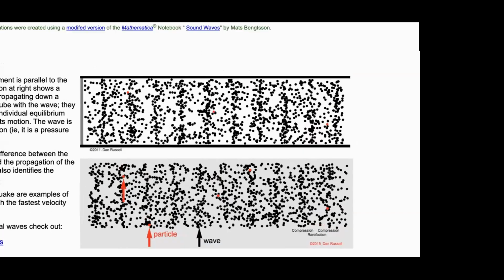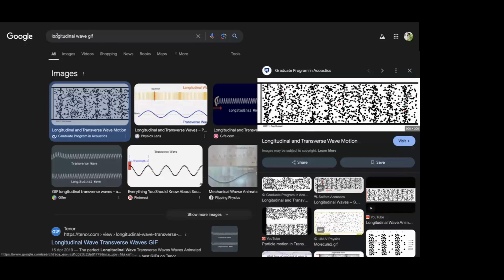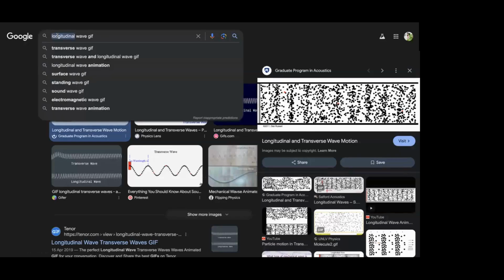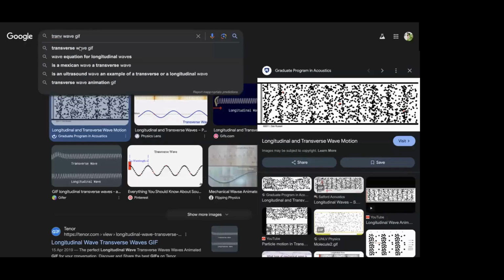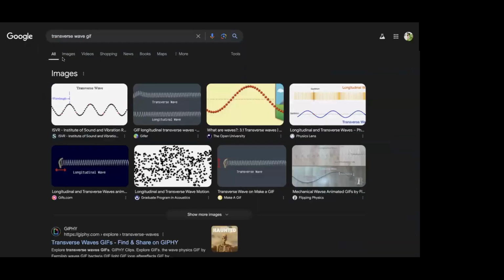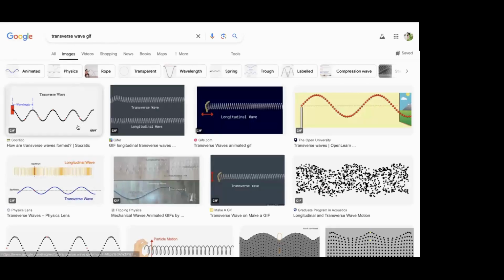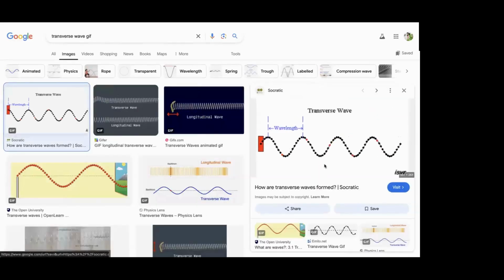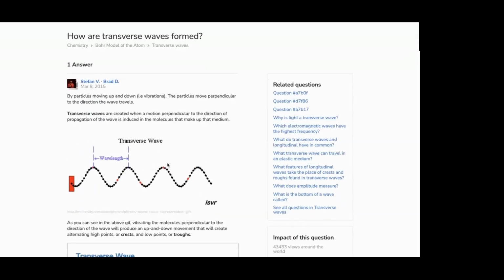But showing you the example of light will not be a good thing here. So, transverse wave, GIF. I hope this GIF works. Yeah, it works. Now, can you see here?